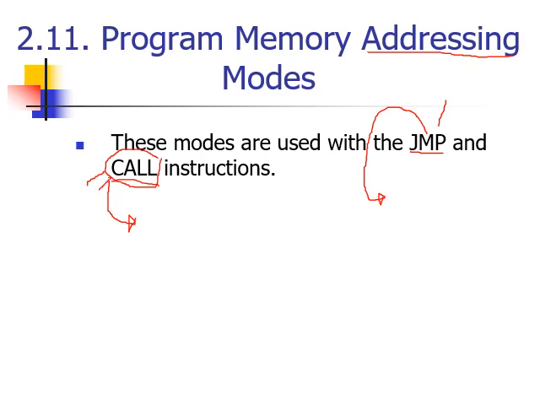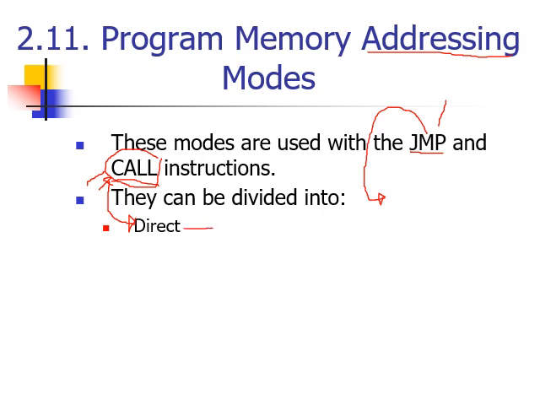They can be divided into direct, relative, and indirect. And when we go to jump and call, we will know the difference among these three modes: direct, relative, and indirect.